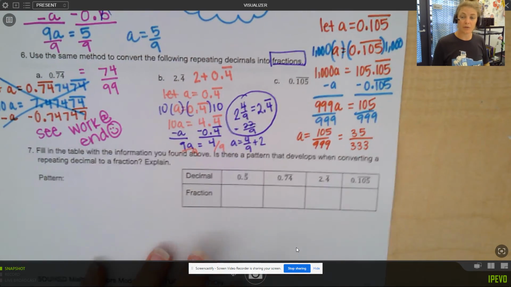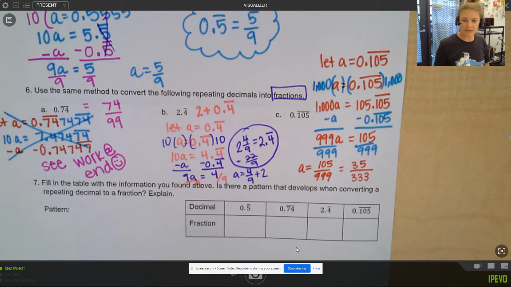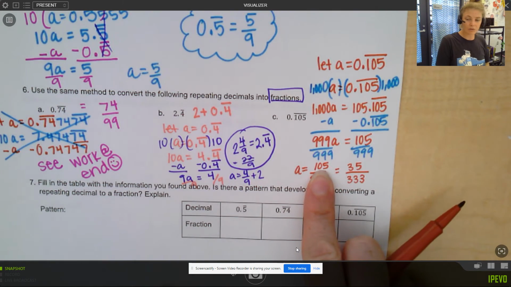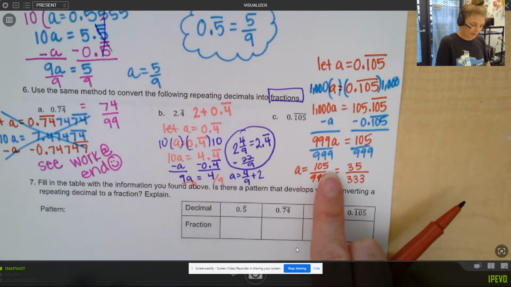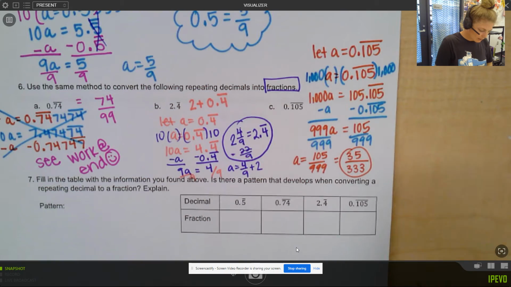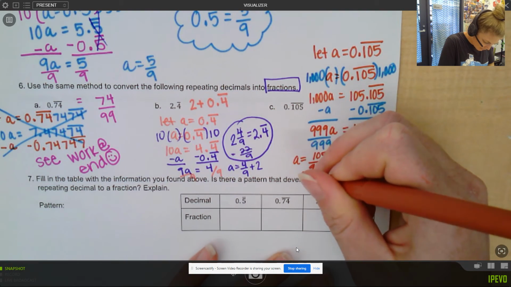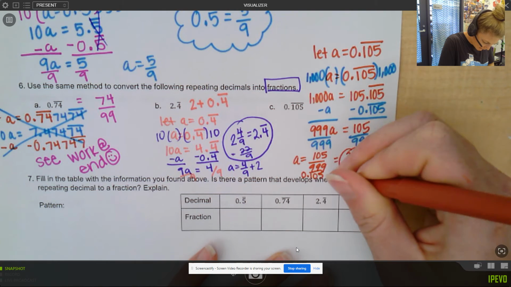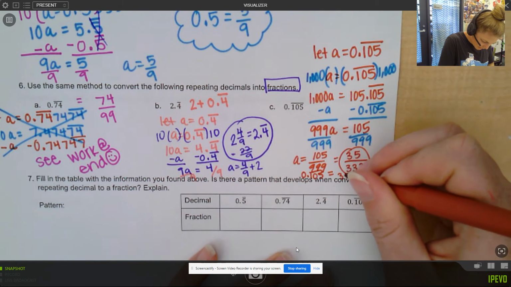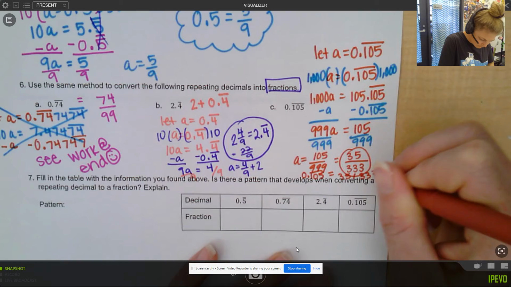So I just used the 3 trick, and we've talked about that a couple times this year. If you have a number like 105 and you add up all the digits, if that sum is divisible by 3, the whole value is divisible by 3. Awesome. Oops, I forgot my final answer. So remember that 0.105 repeating is equal to 35 over 333.